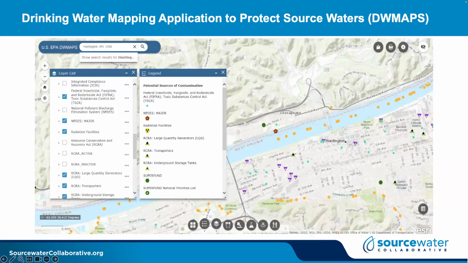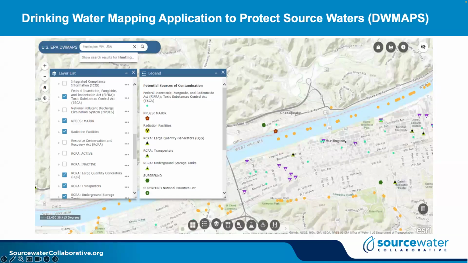just to walk you through the process and what we mean when we say scanning the watershed. We literally start at the intake and move outward into the watershed, evaluating each potential source of contamination point. We do limit the layers that we have turned on to what we want to look at, just to reduce time and effort, and make it more meaningful.